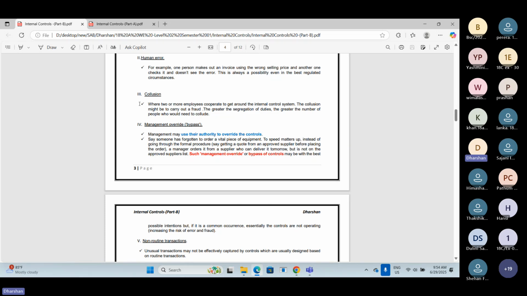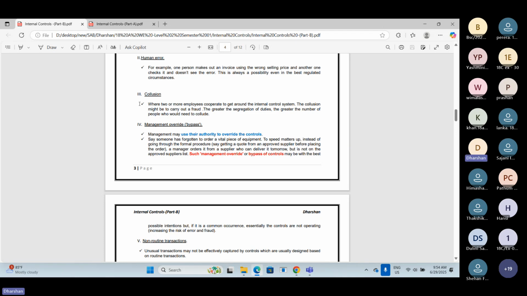Because let's say A, B, C, D, E, five staff are there. If A, or A and B, are involved in fraudulent activity, they can't do more, because the third activity will be done by C, the fourth by D, and the fifth by E. So beyond the second activity, they can't carry out their fraudulent activity.